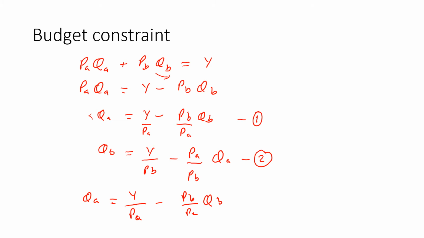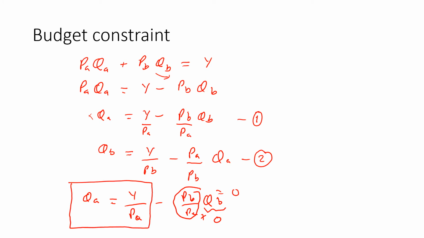If we are not consuming QB, this entire term will equal 0. Now anything multiplied by 0 equals 0. So what we are left with is QA is equal to Y over PA. What does this mean? We have our entire budget left to QA, but it depends on the price of apples.